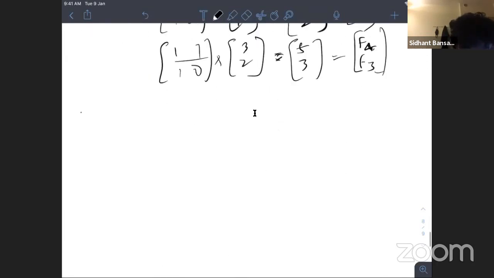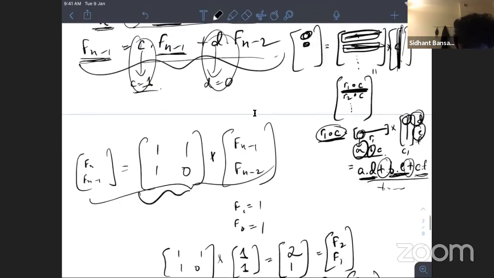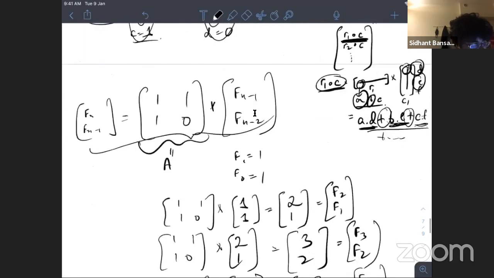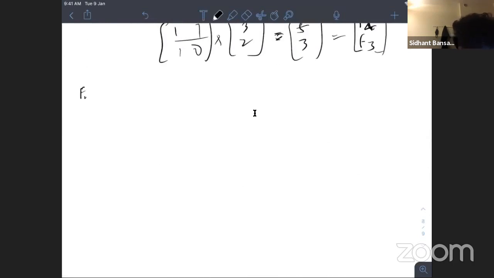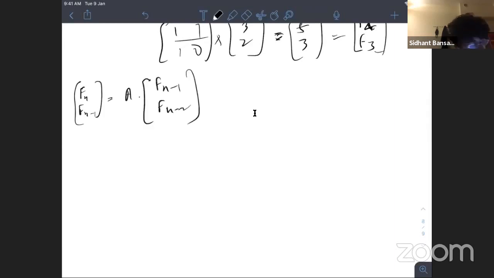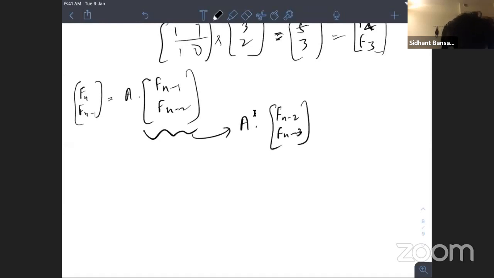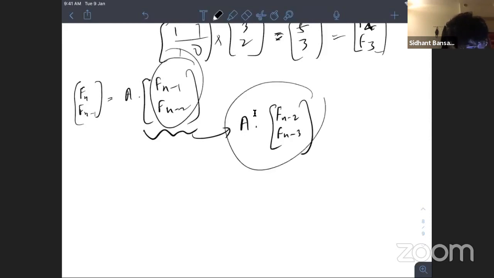Now notice. Let's represent this matrix as A again for simplicity. So we have this vector Fn, Fn minus 1 is equal to A times Fn minus 1, Fn minus 2. You can rewrite this thing as A times Fn minus 2, Fn minus 3, because we can use this recurrence again.